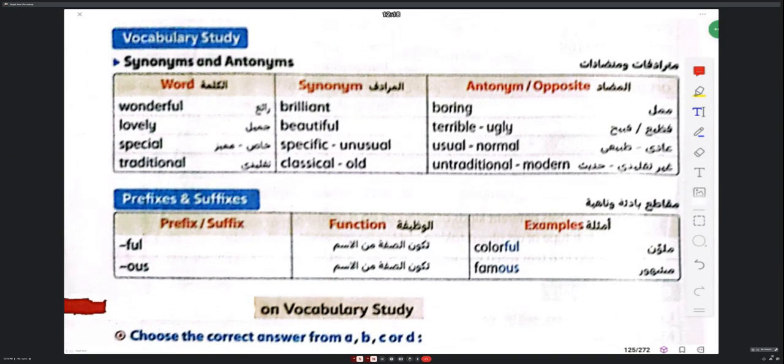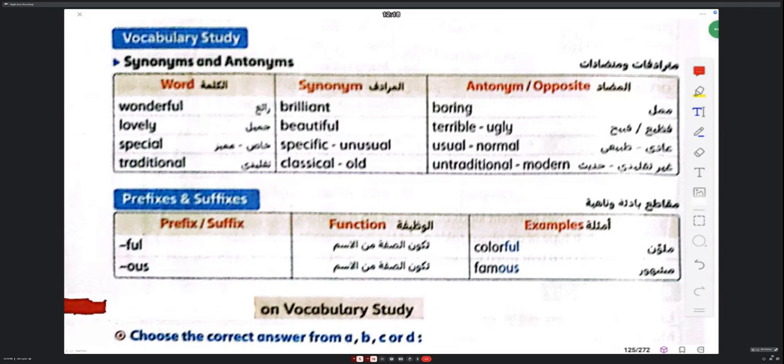Luigi: Synonyms and antonyms. Word, synonym, antonym, opposite. Wonderful, brilliant, boring. Lovely, beautiful, terrible or ugly. Special, specific, unusual. Usual, normal. Traditional, classical, and old. Untraditional and modern.